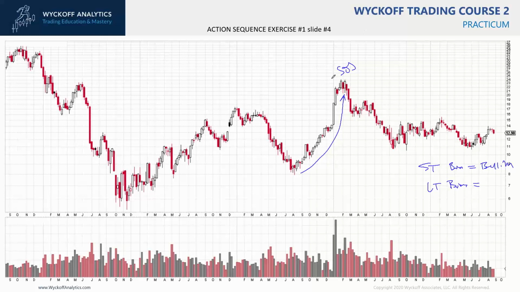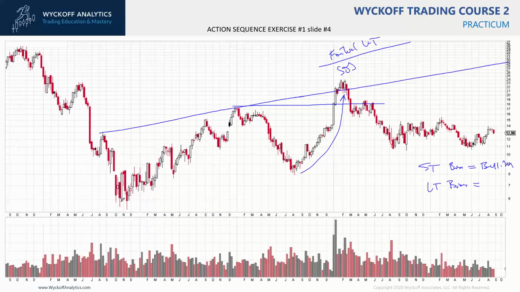So maybe just a failed upthrust attempt right here, in the overall structure from left to right. Okay, so how would you draw the trading range? I would probably draw it diagonally. I don't know how to tell you to do that, but yeah, there you go.